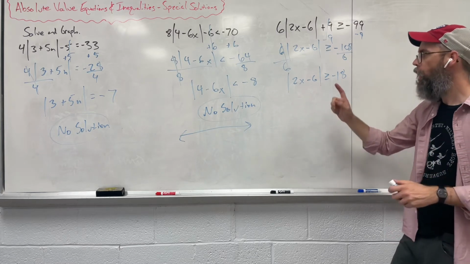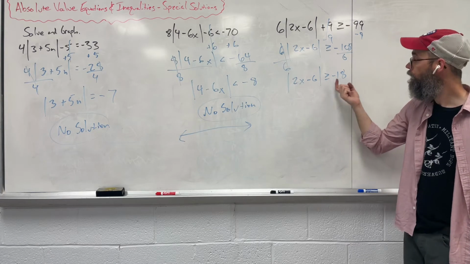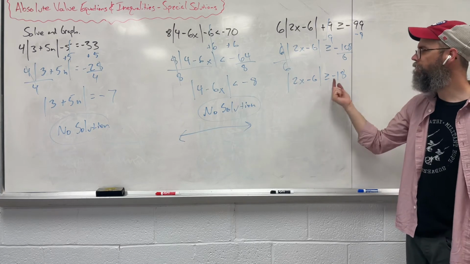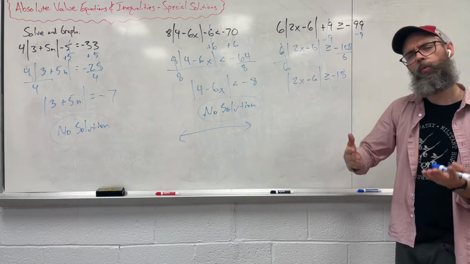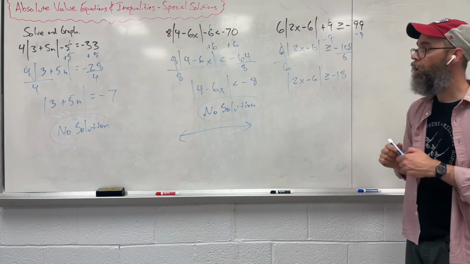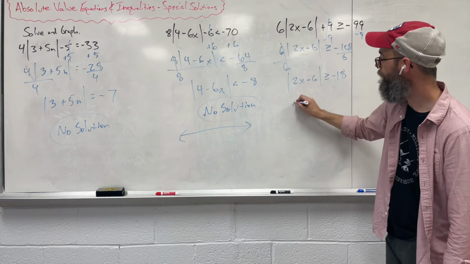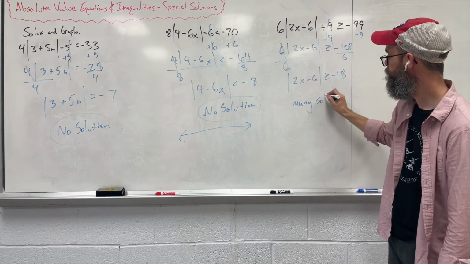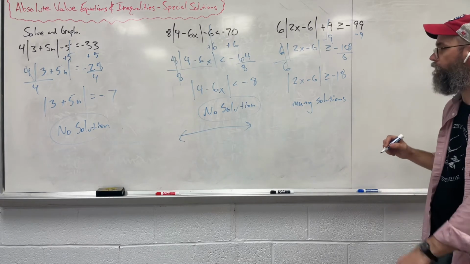Okay. Is a positive number greater than or equal to negative 18? Is a positive greater than a negative? Well, yeah, positives are always bigger, always greater than a negative number. This makes sense. This will always make sense then. So in that case, instead of saying no solution, we're going to say many solutions, or infinite solutions.